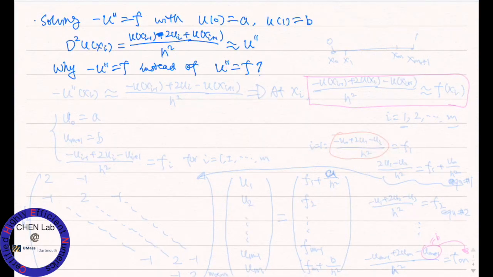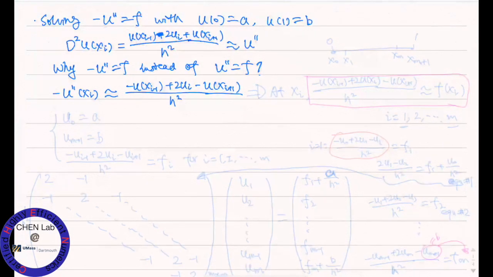That means the negative u double prime at xi can be approximated by 1 over h squared times negative u(i-1) plus 2ui minus u(i+1).